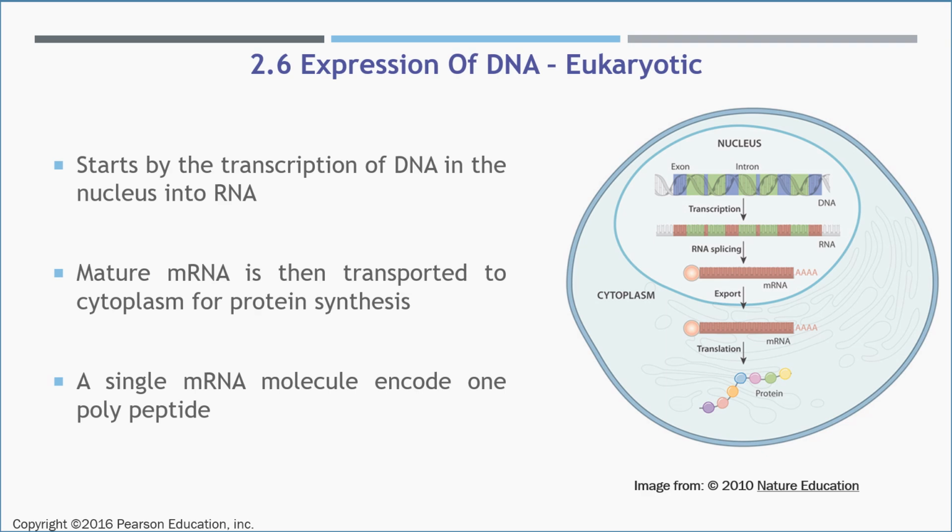So you have introns and exons, and the introns are not involved in the final protein. Only the exons are going to be in that, and you have a process called RNA splicing, where you remove these green areas that are the introns.